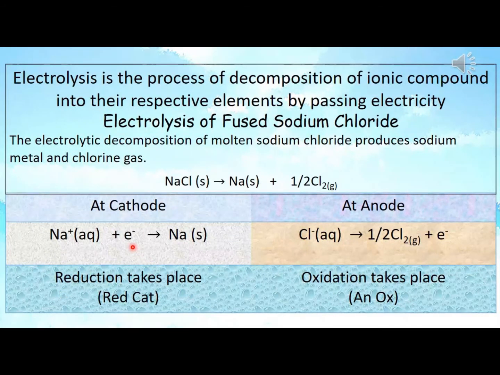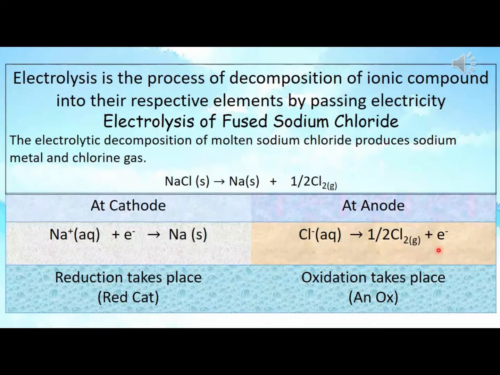We can remember this using a simple mnemonic, that is red cat and ox. At cathode, reduction takes place, and at anode, oxidation takes place. Reduction is basically gaining of electrons, and oxidation is losing of electrons.